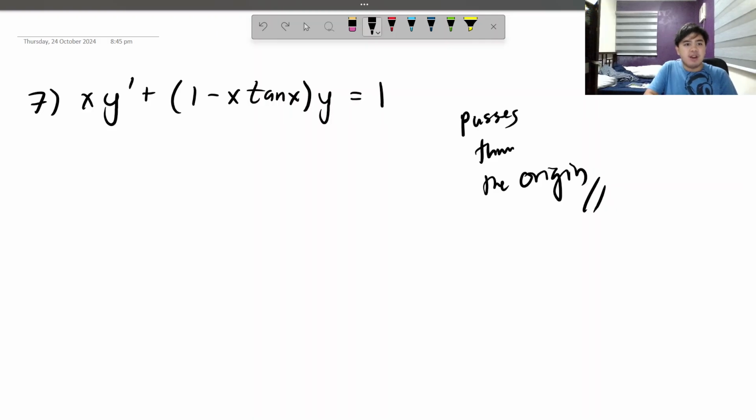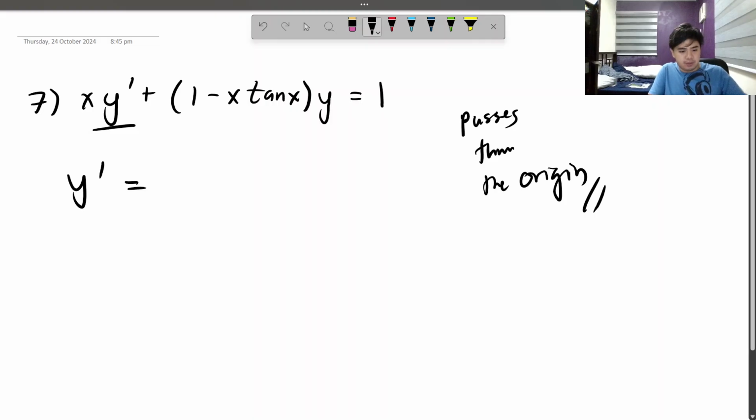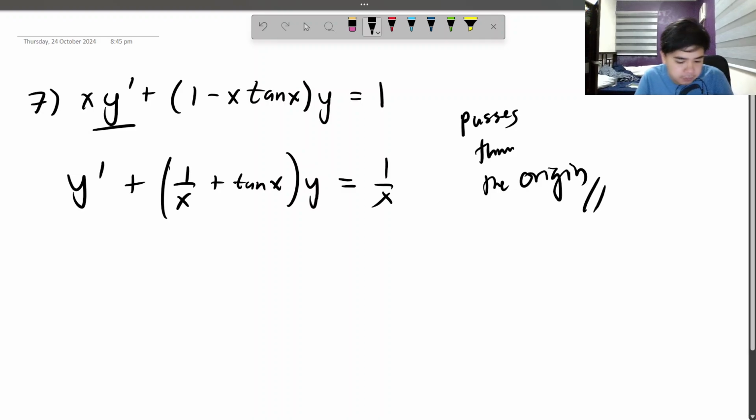Let's divide both sides by x in order to isolate y prime. I don't want that y prime tainted by x. So y prime plus, divide this by x. Let's distribute the division. You will see what I mean. So 1 over x plus tangent x, since x divided by x is just 1, y equals 1 over x on the other side.